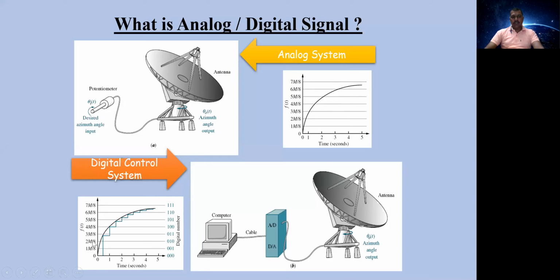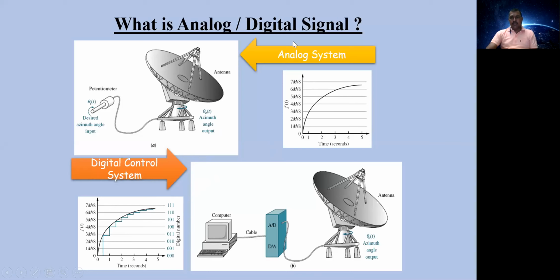We have converted this in 3 bits, starting from 000, then 001, 010, 011, 100, 101, 110, and 111. Likewise, it is going to be converted in this fashion. So this is how digital signals are.